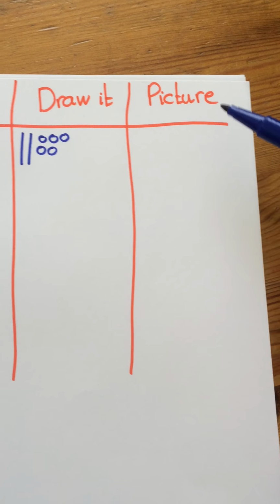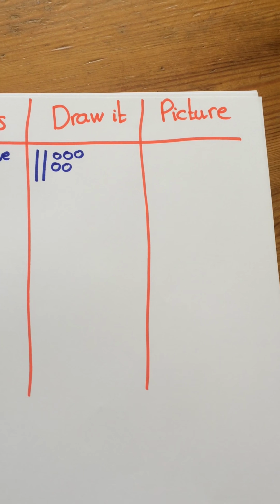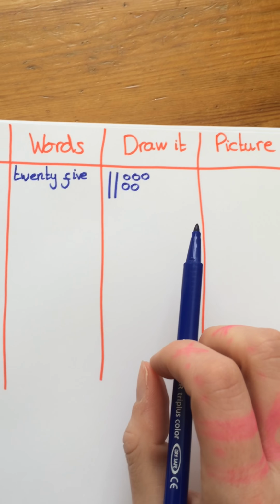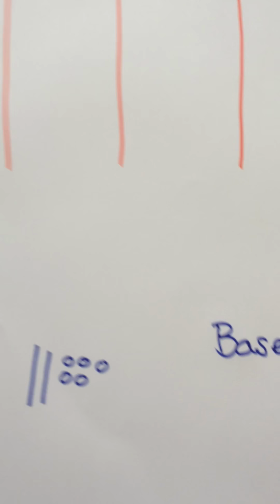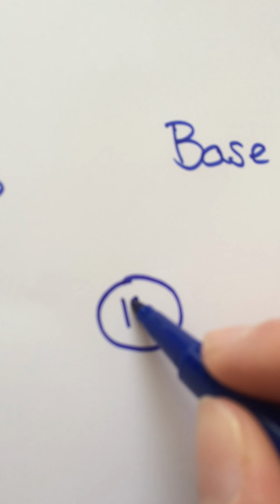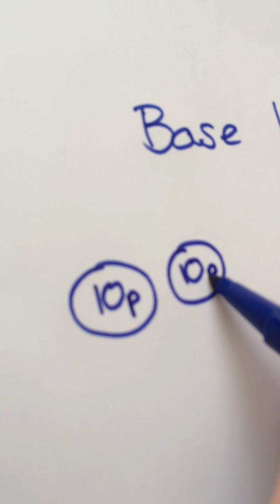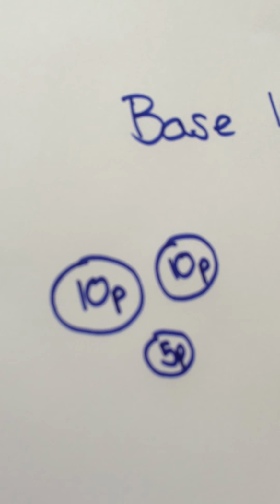The picture one is a bit of a strange one. You can do it any way you like, really. You could literally just draw a picture that will somehow show 25. You could draw perhaps a picture of some money. So we could, again, we're breaking it into 10p, another 10p, and a 5p. Now we've not done a lot of money work at school.